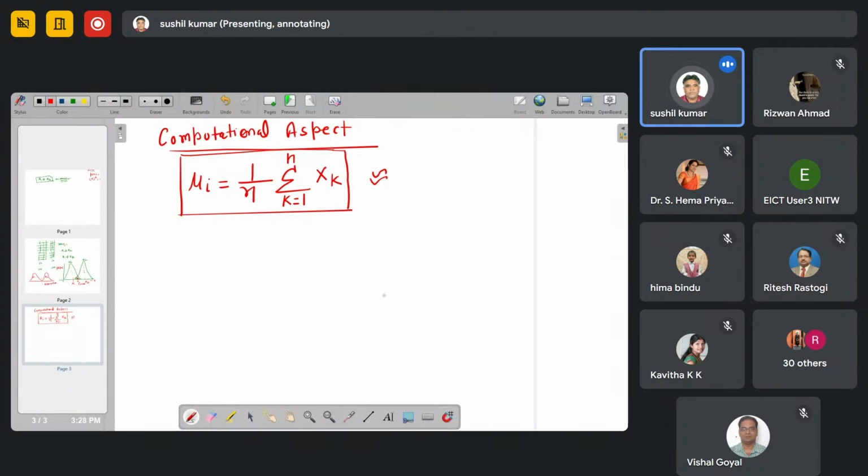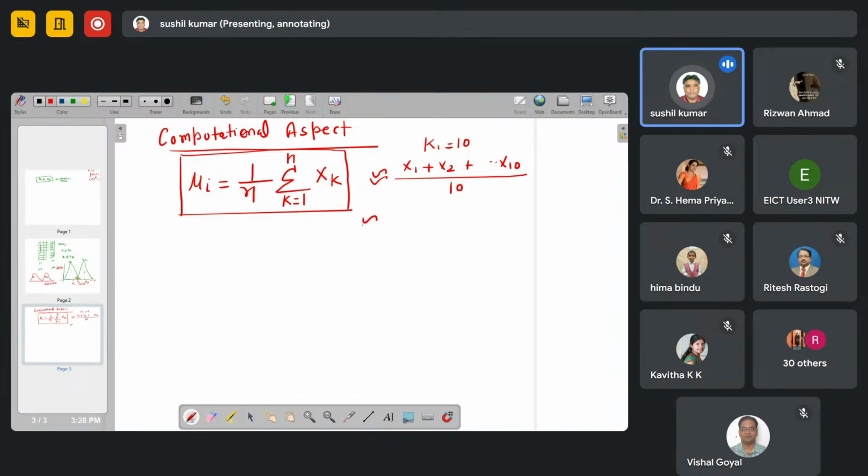So this is the formula for mean, and directly you can check: if k is equal to 10, then it will work like this: x1 plus x2 plus till x10, divided by 10. So it depends on the dimension.